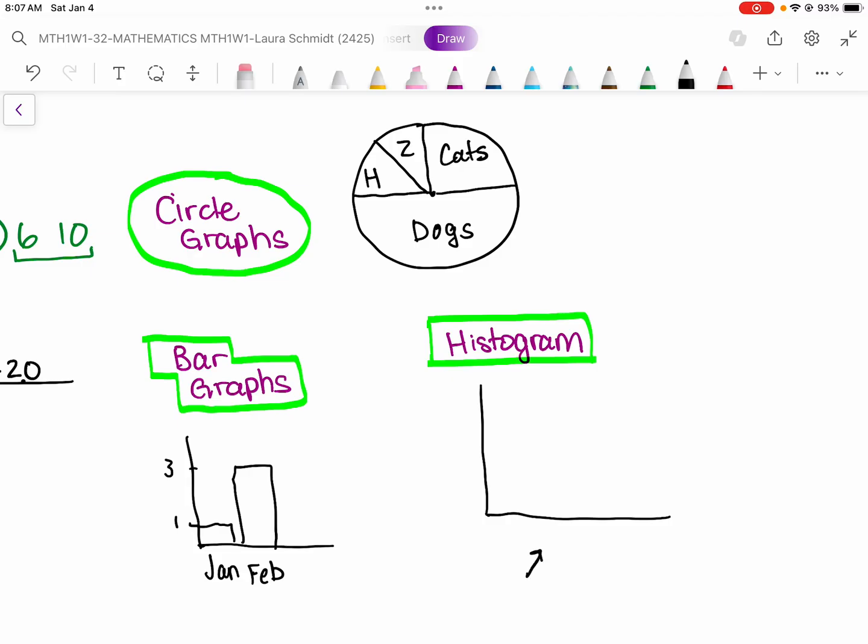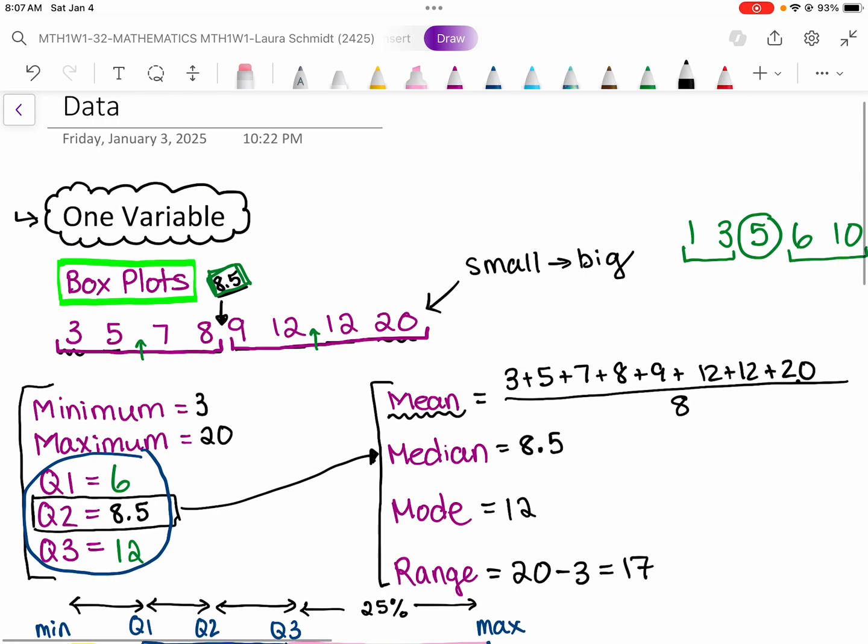So down here would also be something that has numbers, like maybe ages. And usually you would do it in a range. Like maybe this is the 0 to 3-year-olds, and this is the 4 to 6-year-olds. Or 7, I guess. I have to keep the same range. And then it would go something like this. Okay, so that's our 1 variable data.